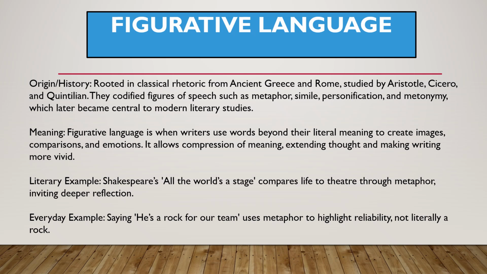So they may create images, comparisons, and emotions. To do that, they use words beyond their literal meaning, which allows a compression of meaning. You can extend your thought easily, and your writing becomes more lively.